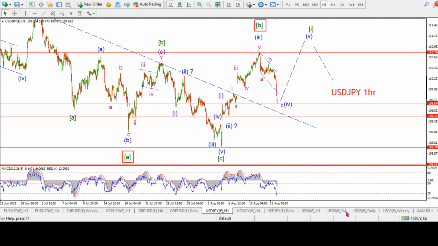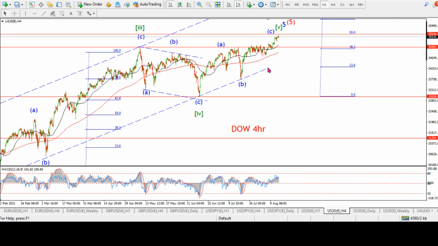Okay, let's move on. Here's the count in the Dow at the moment. You can see that this is viewed as a C wave top. Our Fibonacci target of 35,646 has pretty much come in. Today we had a very tight band of targets here, and I'll show you that on the hourly count.